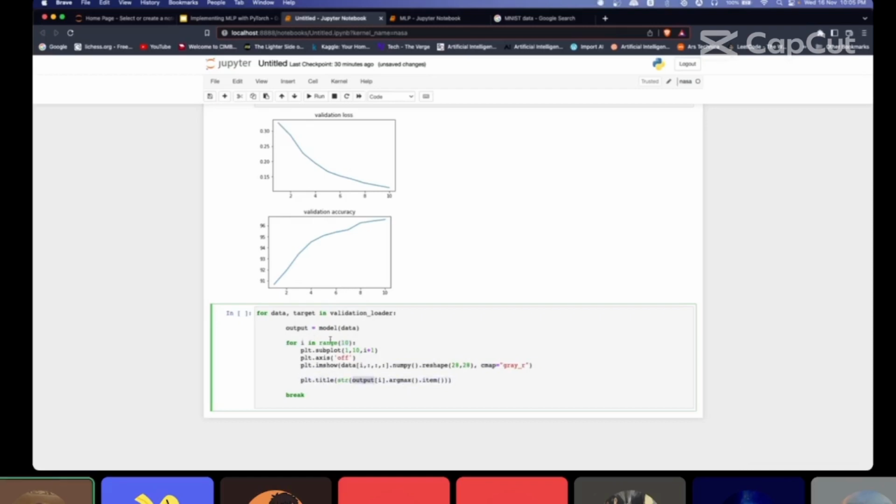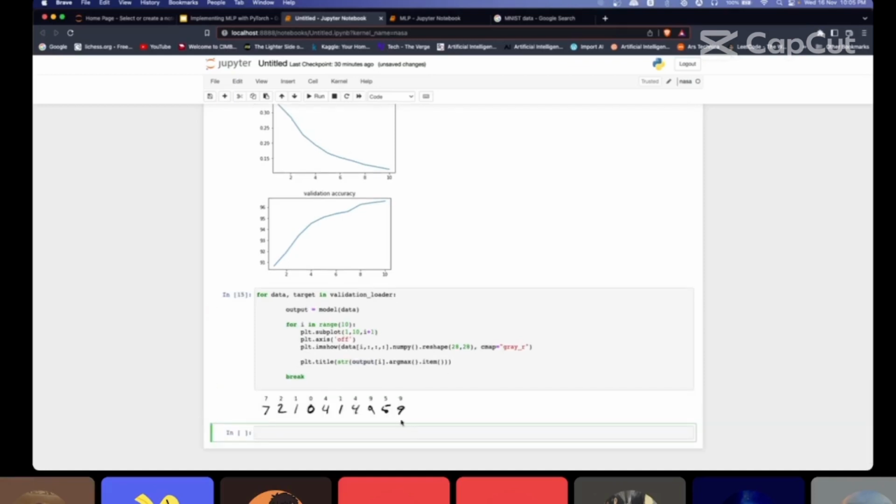I'm just going to see what the predictions of the model were. The break is here so that it stops at one loop. There you go. You can see these are the model's predictions, not the target. Let's see if there's anything wrong here. Yeah, there's nothing wrong so far. 7 is predicted as 7, 4 is predicted as 4, 5 is predicted as 5, and so on.